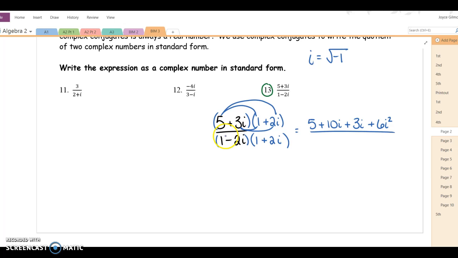On the bottom, we also double distribute. 1 plus 2i minus 2i minus 4i squared.